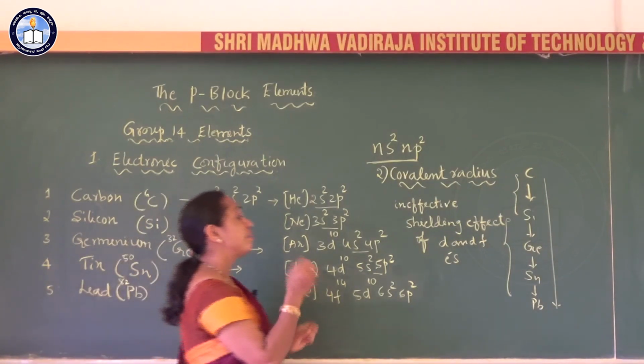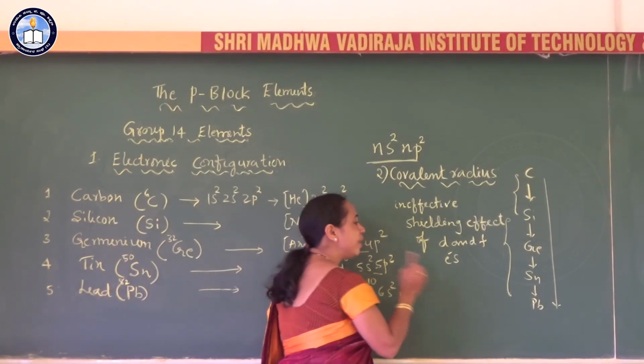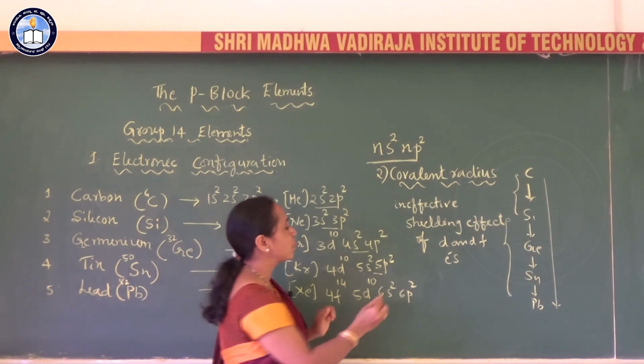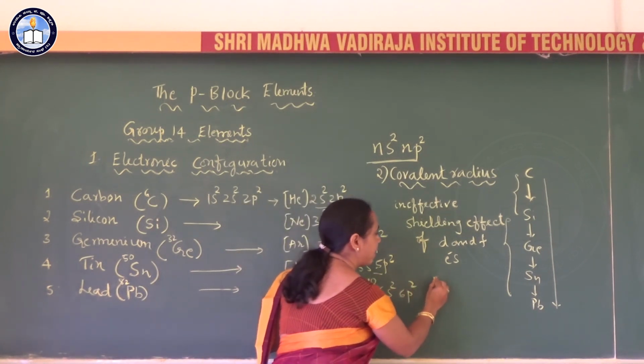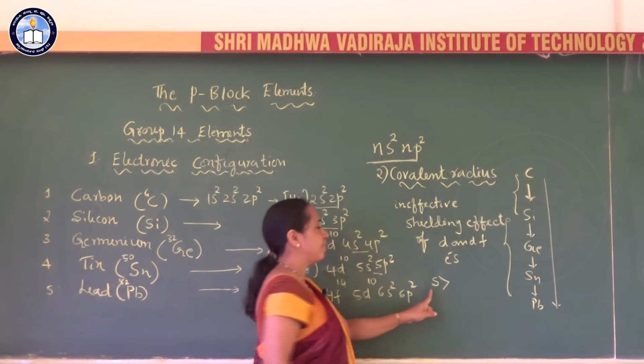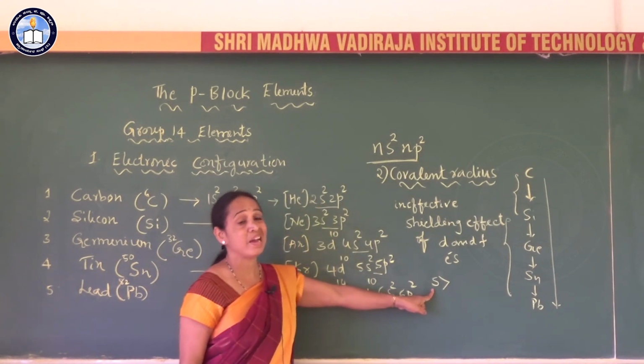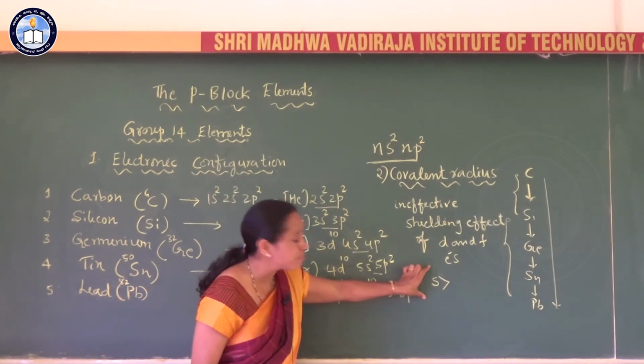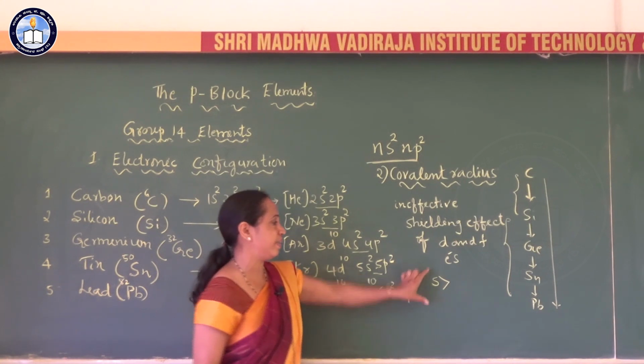But the screening effect of various electrons belonging to a shell differs. If we compare, the screening effect of S electrons is always highest because S electrons are closer to the nucleus.